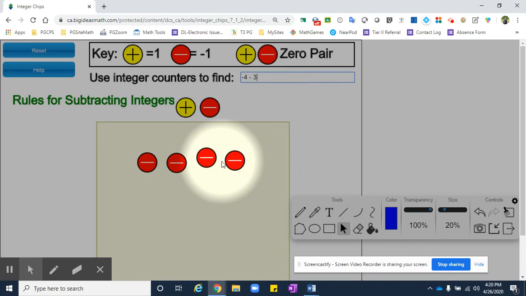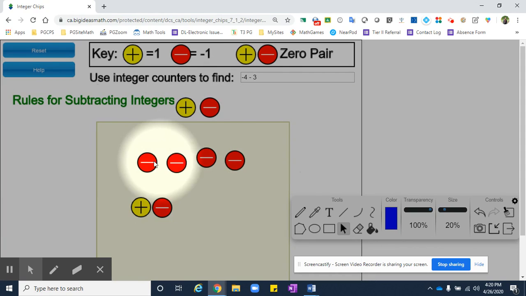Remember, when I'm adding 0, the number stays the same, right? Because 1 plus 0 is still 1, 5 plus 0 is still 5. So if this is -4 and I'm going to add 0 pairs, I'm not changing the value. This is still a -4 because this pair right here equals 0.